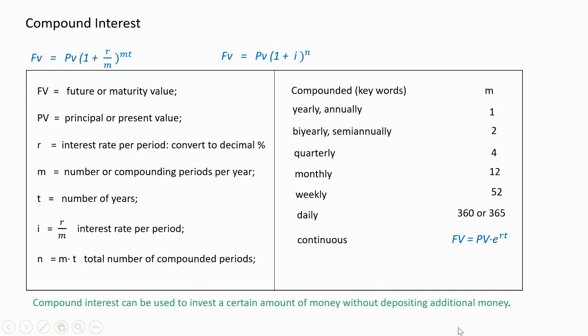So say you had $1,000 or $2,000 at your house, and you're thinking, I want to put it in the bank so I can earn interest. You just put it in the bank, you don't deposit extra money, you leave it there for so many years, and then you get money back for it.